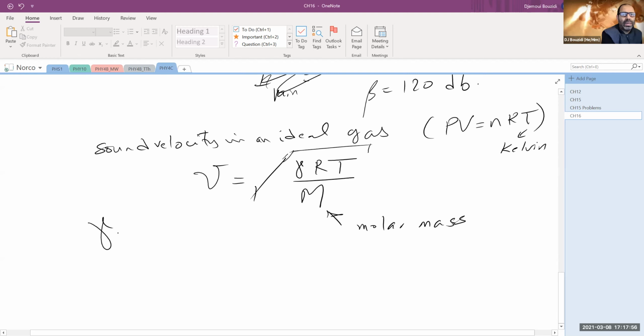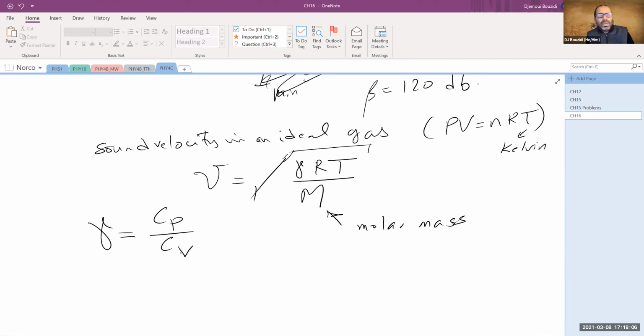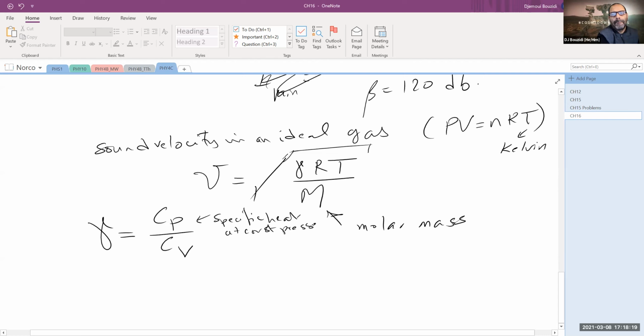Gamma is something that is going to be complicated to explain at this point, but believe me, before the end of chapter 19, you will know exactly what that is. Gamma is the ratio of the specific heat at constant pressure versus the specific heat at constant volume.